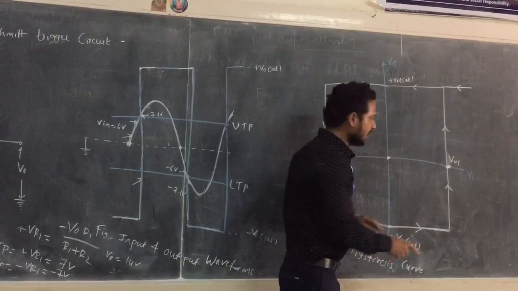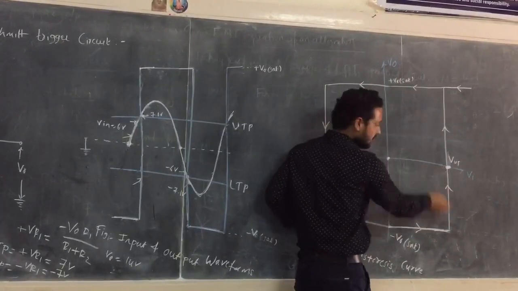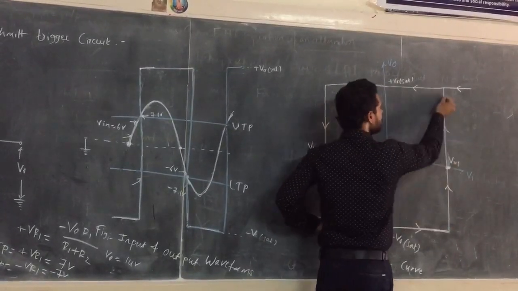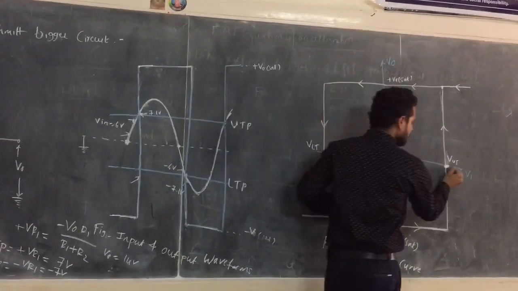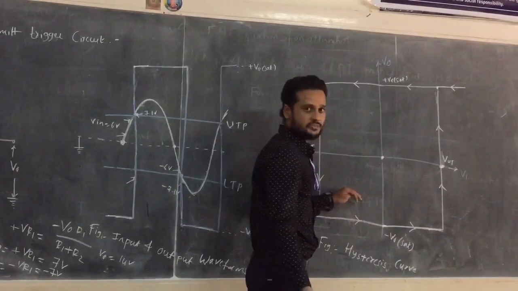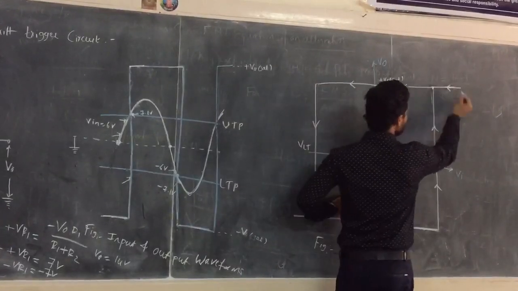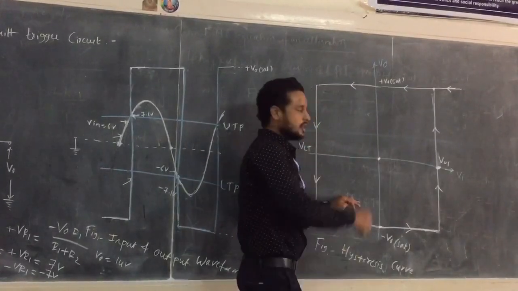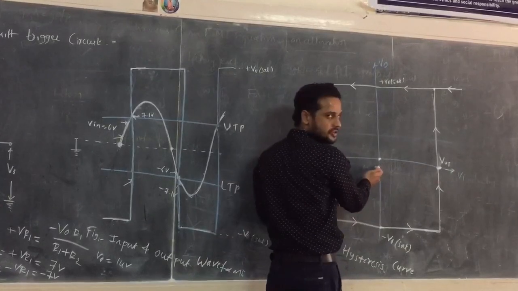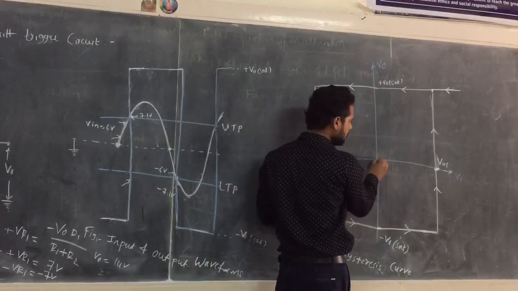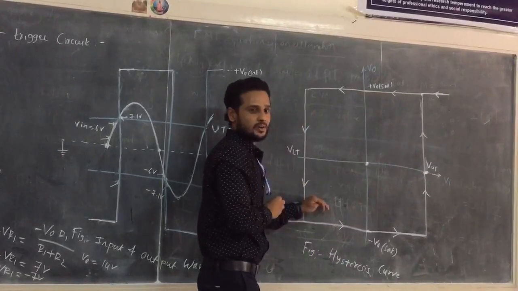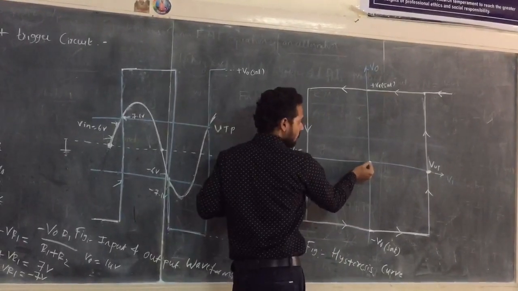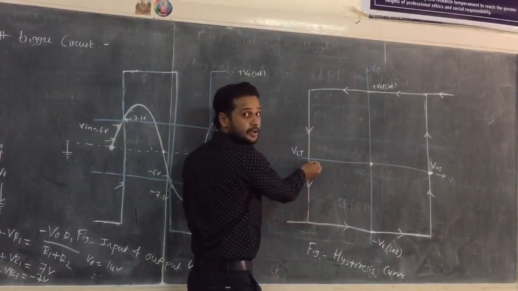Now go on increasing the input voltage, and output remains at plus V naught saturation. Reduce the input voltage towards 0, and output remains at plus V naught saturation only.